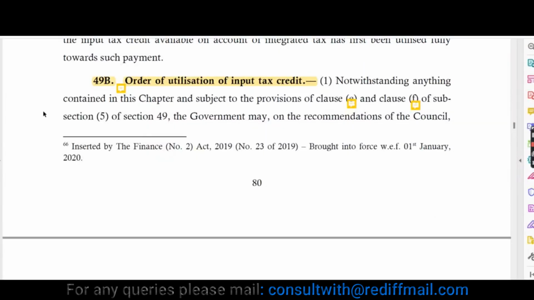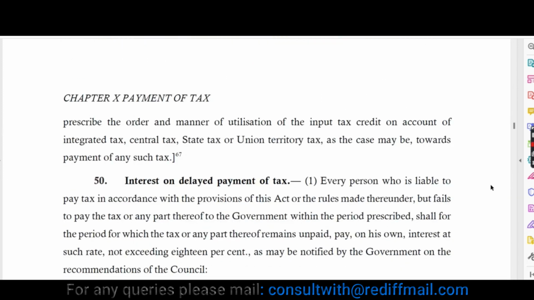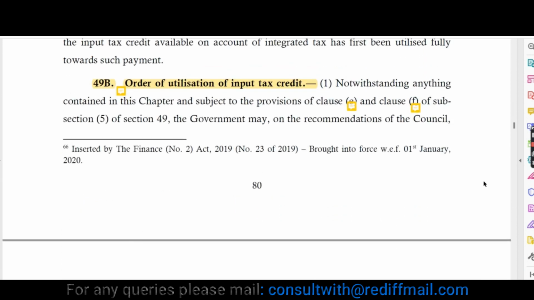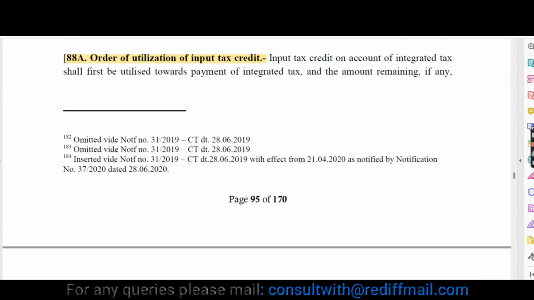Firstly, section 49B of the CGST Act 2017, which is the order of utilization of input tax credit. Next, we go through Rule 88A of the CGST Rules 2017, the order of utilization of input tax credit.